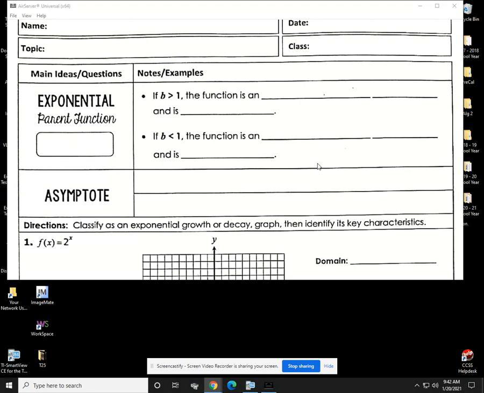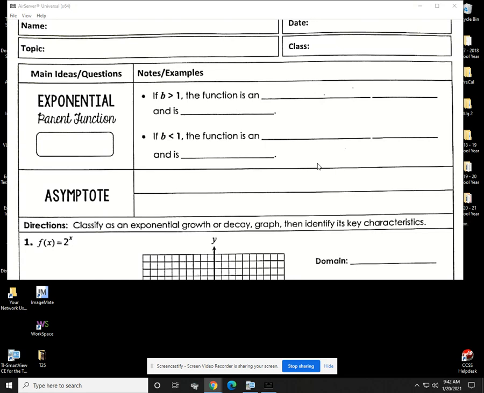What makes an exponential function is the variable is in the exponent spot. Just because a function has an exponent, that's not what makes it exponential. What makes it exponential is the variable is in the exponent spot.